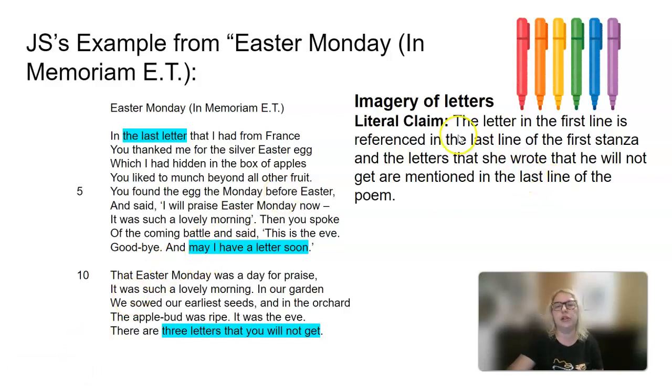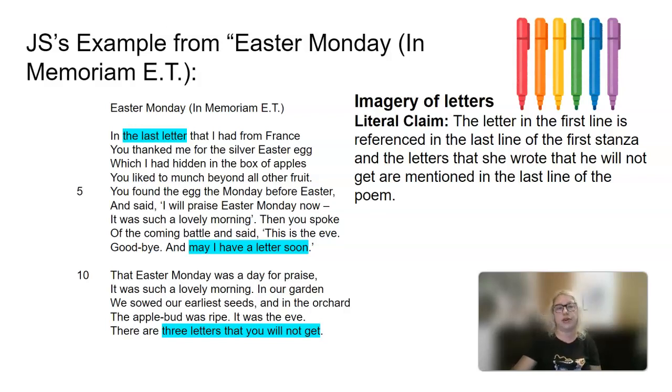And so here's the literal claim, and you could write this down as an example. The letter in the first line is referenced in the last line of the first stanza. Remember, a stanza is a verse paragraph, right? And the letters that she wrote that he will not get are mentioned in the last line of the poem. So you want it to be something interesting.